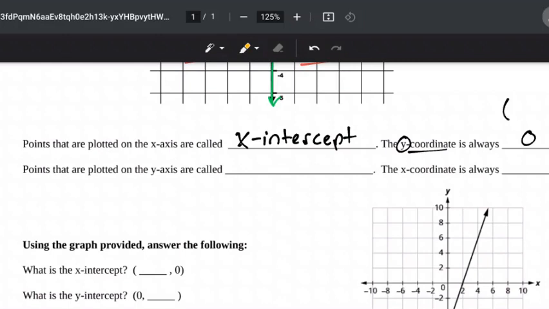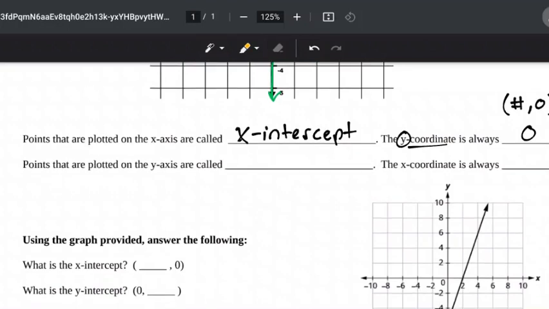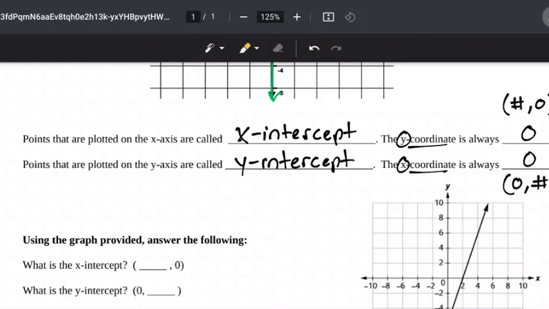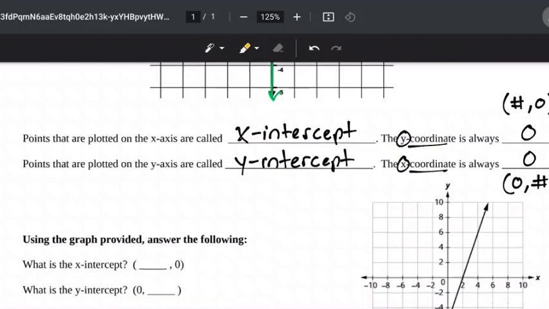We're going to have some number for x, and we're going to have 0 for y, always for an x-intercept. And then, if you guessed it, the points that are plotted on the y-axis are called a y-intercept. And again, it is the opposite of the x-intercept, where the x-coordinate is always 0. So you'll have a 0 and then some number for y.